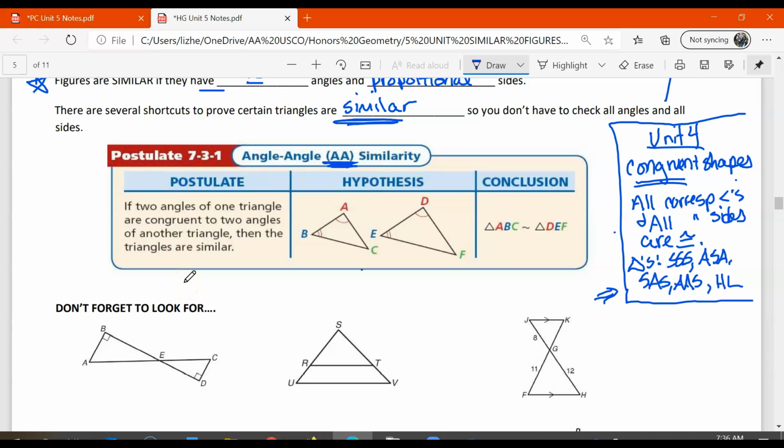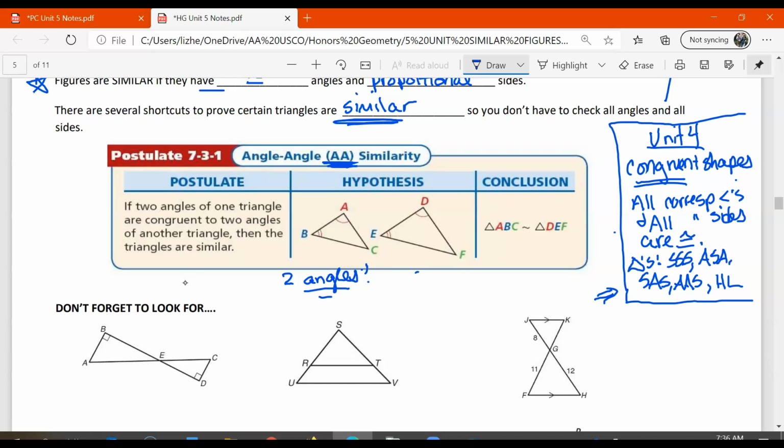So here's one of your shortcuts. If two angles of one triangle are congruent to two angles of another triangle, then the triangles are similar. So all you need here is two angles. Super nice. By the way, if you have two angles, don't you automatically have the third angle?